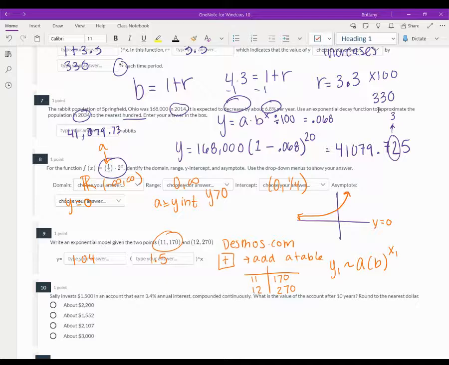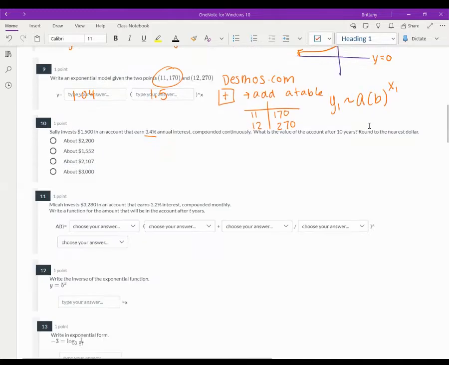Number 10, Sally invests $1,500 in an account that earns 3.4% annual interest, compounded continuously. What's the value of the account after 10 years? That means we need our A-PERT formula. Whenever we see continuously, that means we want our A-PERT formula. So we don't know what the final amount will be.